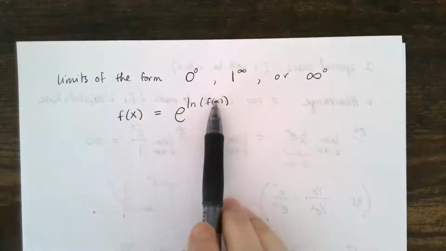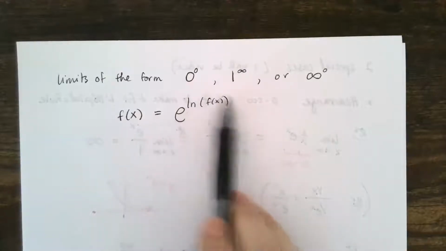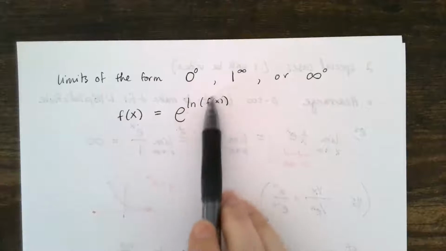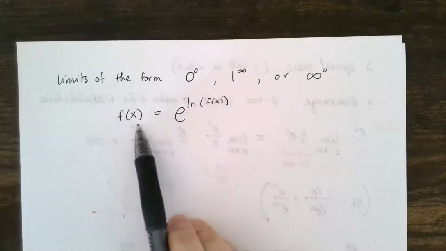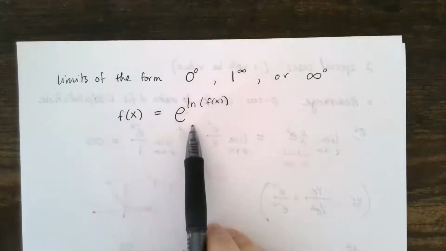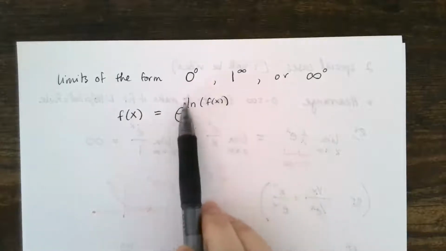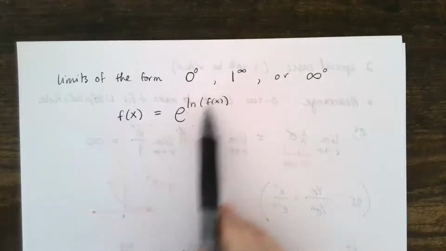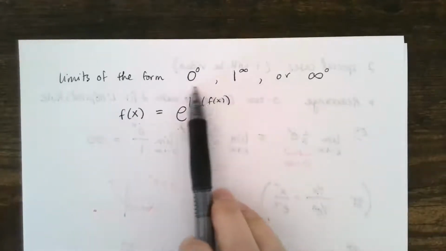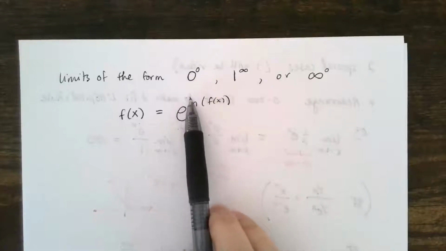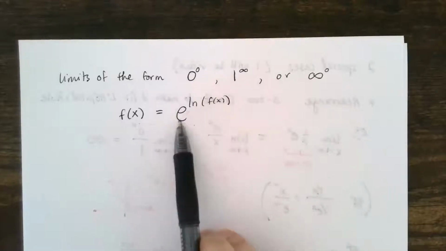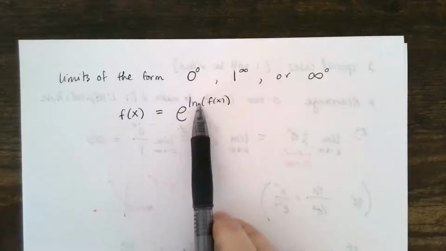So e raised to the ln of something, they cancel each other out. And this really is just equal to the f of x in the ln here. The reason that we would want to write something this particular way is because of log rules. So f of x will have some exponential form to it, right? These are all exponentials. So it'll have some exponent that can come down out front using the exponent rule. So we're doing this because using that log rule is so useful.